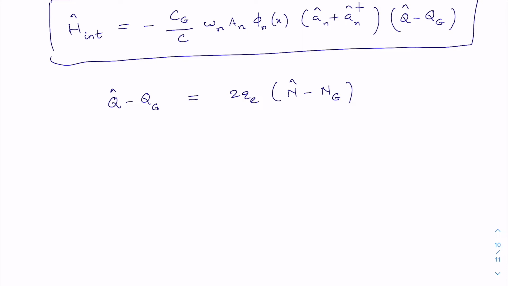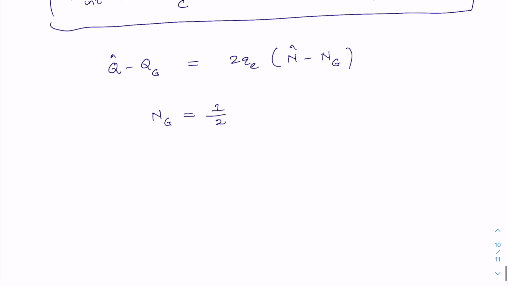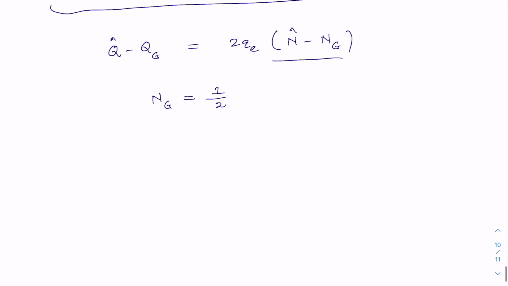Take the charge degeneracy point at, say, nz equal to half, and our Cooper pair box would then be a two-state system, and this will enable us to express the Cooper pair box, or this particular term, in terms of Pauli matrices, because now it's a two-state system.